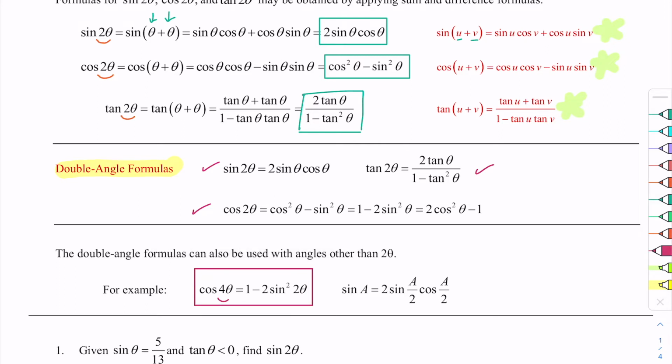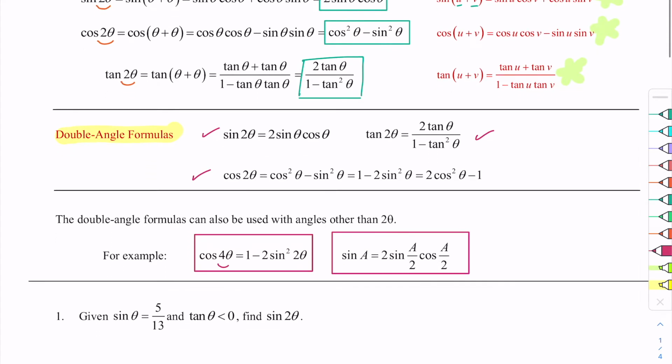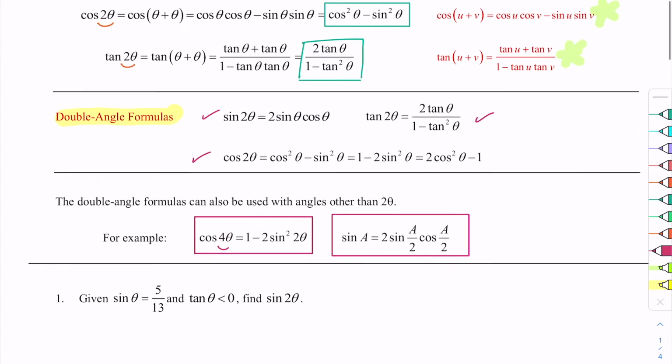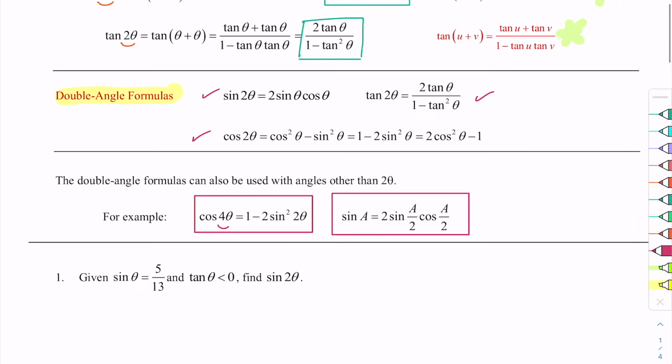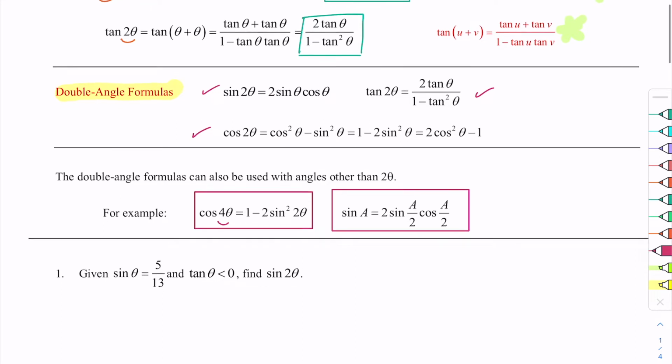And we also have that the sine of A equals 2 sine of half of A multiplied by the cosine of half of A. So we can use these double angle formulas with angles other than twice an angle, a double angle.